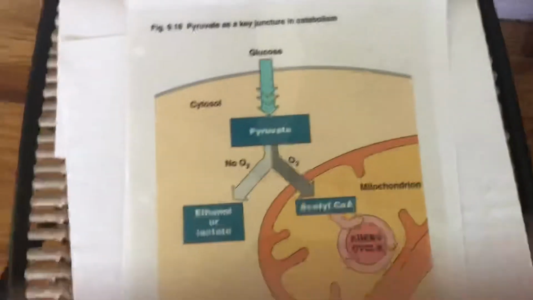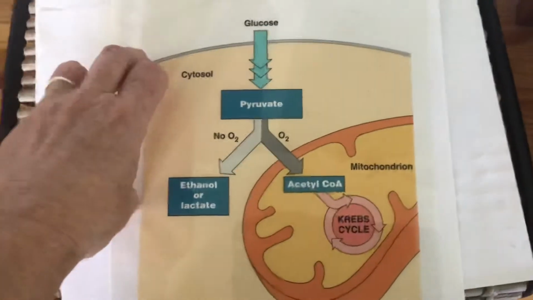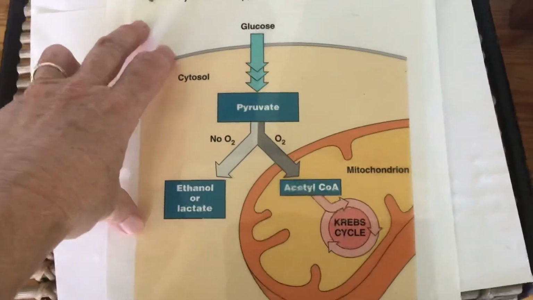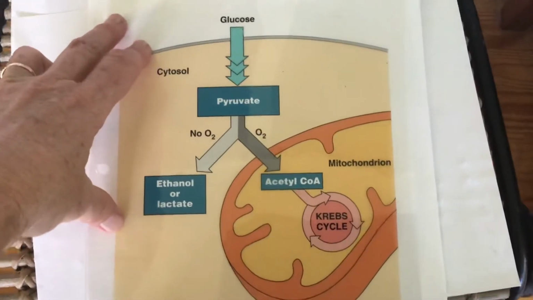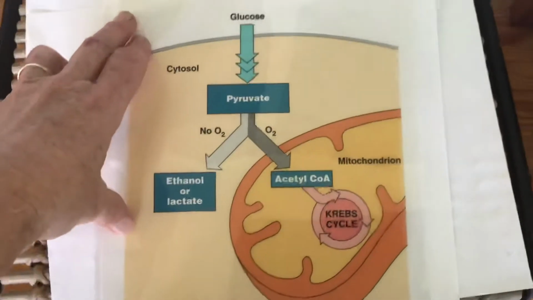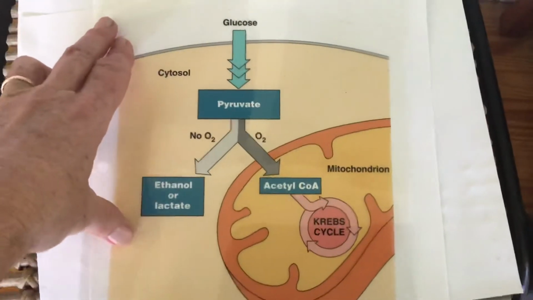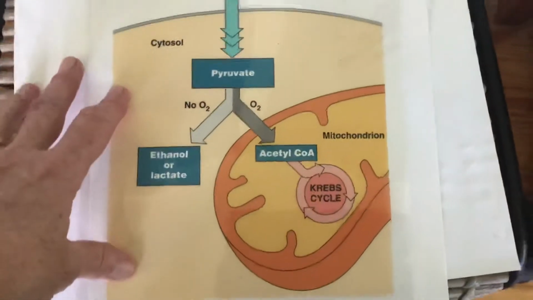Another thing that we need to talk about is called fermentation. Fermentation is a process that occurs in organisms that do not have oxygen, or do not need to use oxygen in some cases, or can't use oxygen.